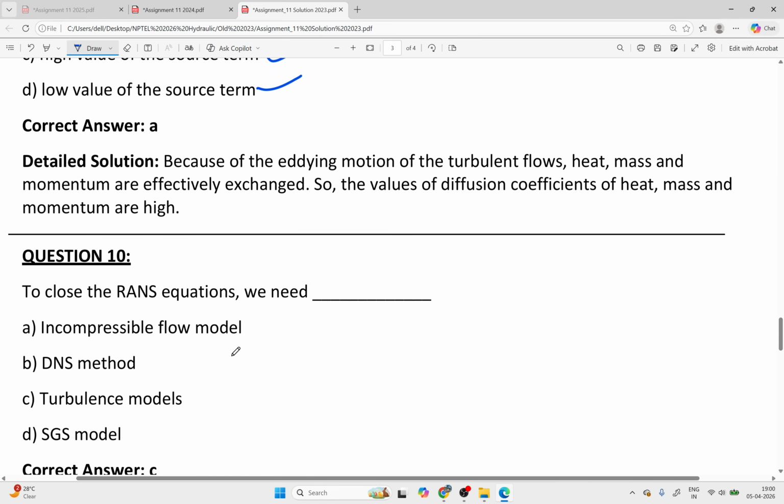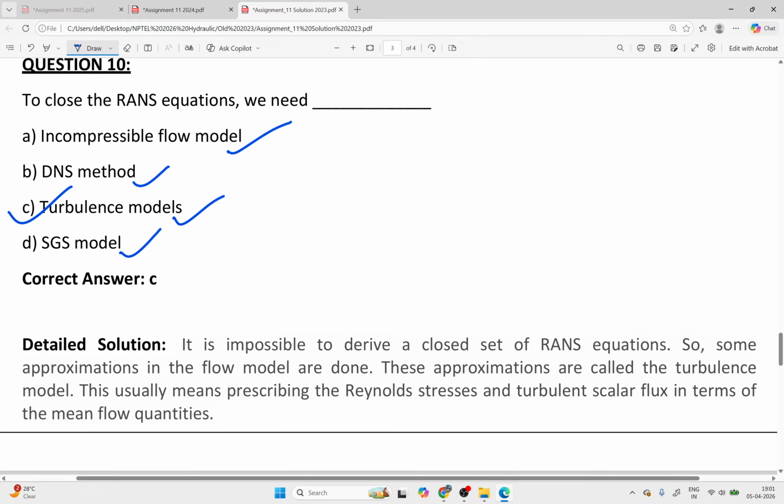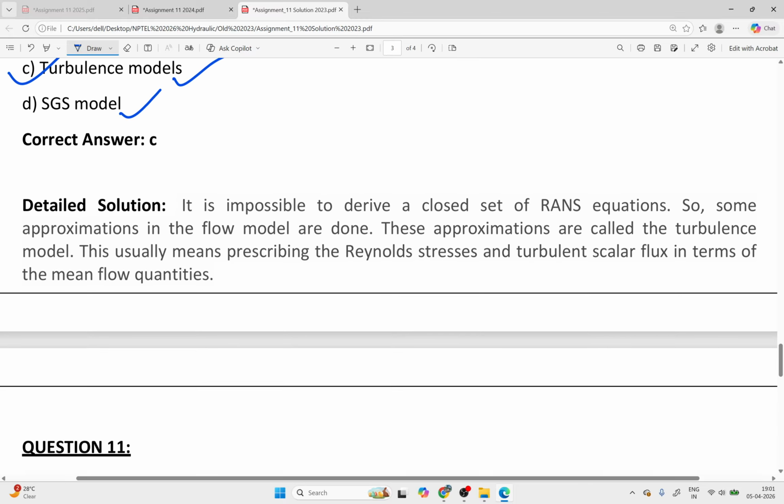To close the RANS equations, Reynolds averaged Navier-Stokes equations, we need an incompressible flow model, DNS model, turbulence model, or LES model. So option C, we need a turbulence model. I have discussed this a lot.